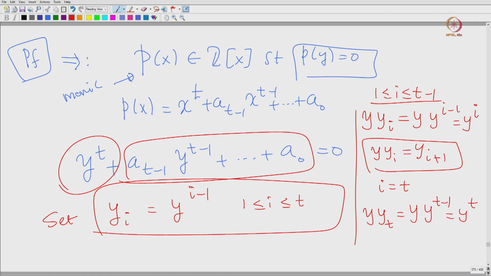Then you can see that y^t is exactly minus a_0 minus a_1 y minus etcetera minus a_{t-1} y^{t-1}. Now you can see that y, etcetera, y^{t-1} are nothing but some y_i's. So, that means y y_t is a linear combination of y_i's. That actually proves the forward direction.